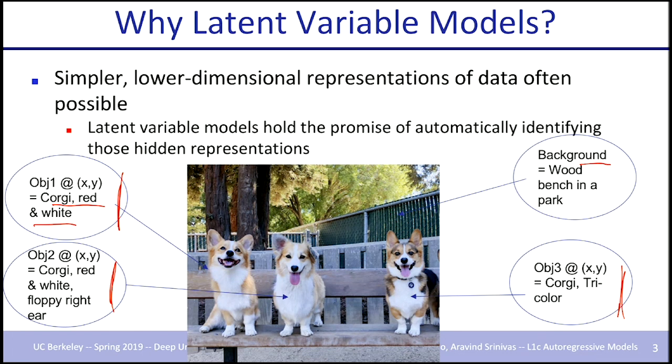This is in contrast with an autoregressive model, which would say this pixel needs to depend on all these other pixels before it. So that would be a way to allow you to capture more patterns and then use those to either speed up inference or speed up sampling.